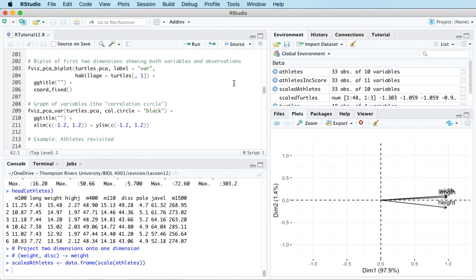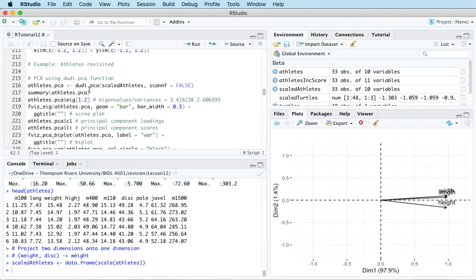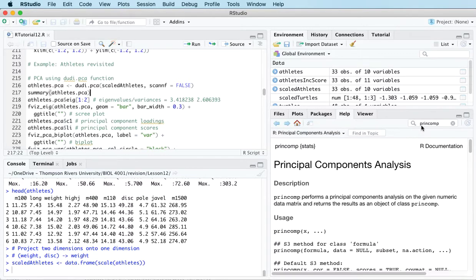In the last video we used the function called princomp, but as I mentioned there are different functions all designed to do principal components analysis, always with slightly different syntax, and they tend to give similar results, but everyone has their own favorite PCA function.